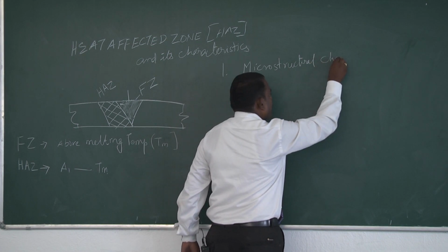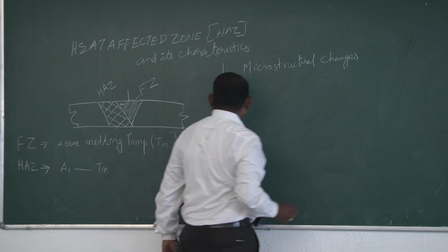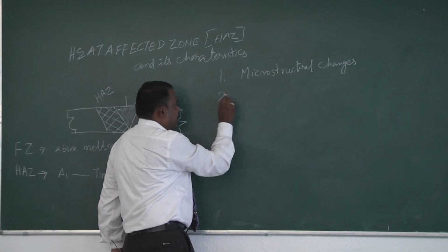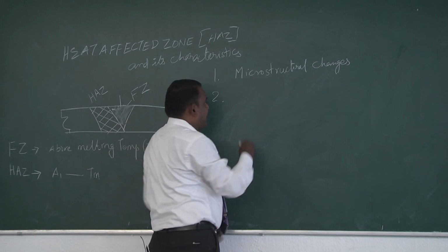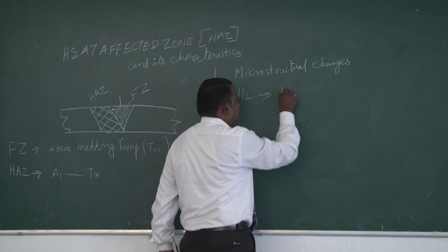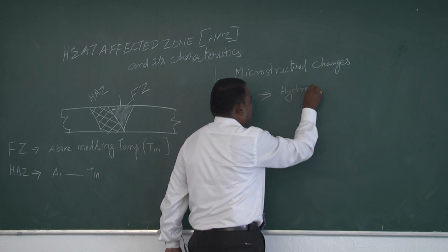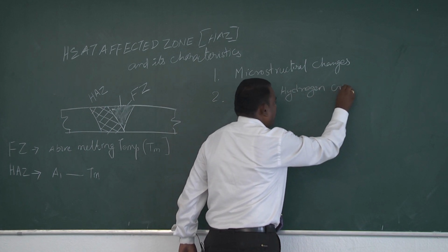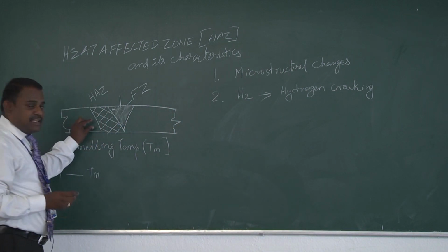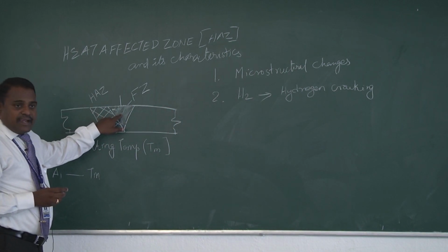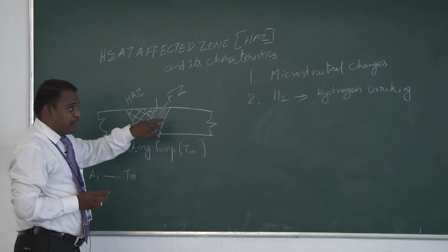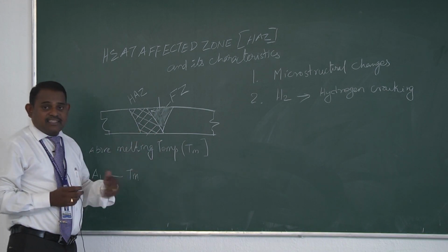The first one is microstructural changes in this region, and the second one is hydrogen pickup, both in the weld metal and in the heat affected zone. Due to the pickup of hydrogen, it will create a crack at the later stages.